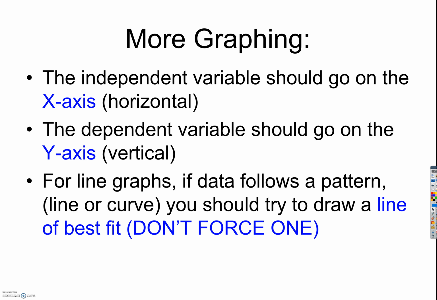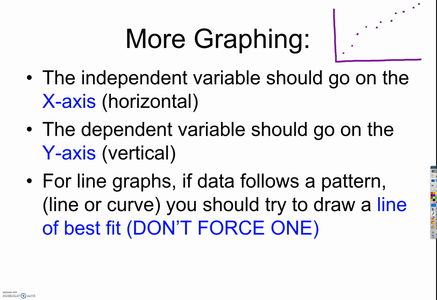Also, you're not going to have to do this very often, but you should recognize what it is. Sometimes you'll get data that follows a pattern, but it's not perfect, because in real life, data is just not going to come out perfect. So sometimes you'll see something like this, and the points do like this.